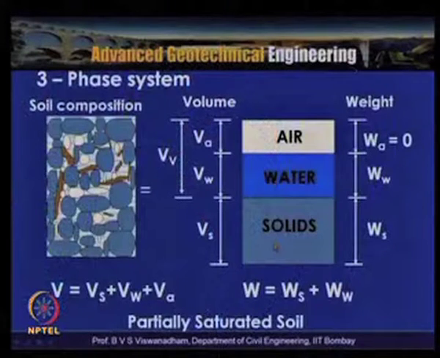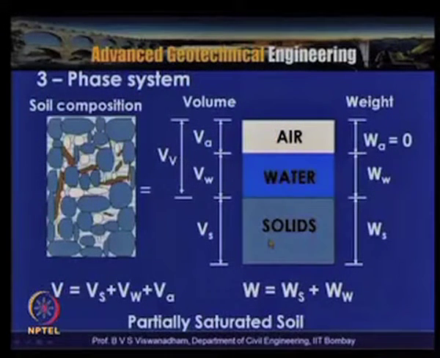As we discussed, soil is a three-phase material. If you separate the soil composition into three predominant phases, they are air, water and solids. If you put weights on the right hand side, the weight of air is equal to 0, and then there are the weight of water and the weight of solids.